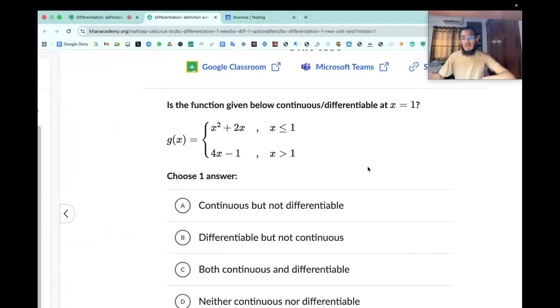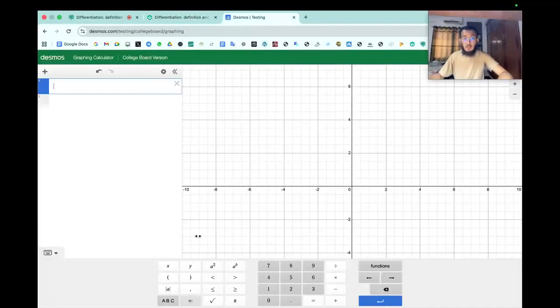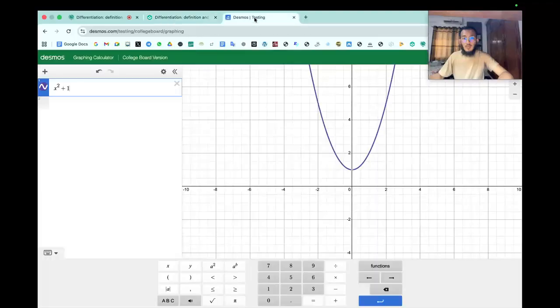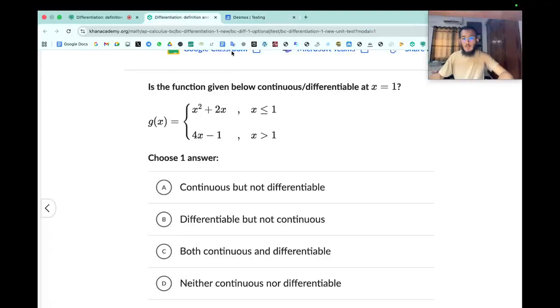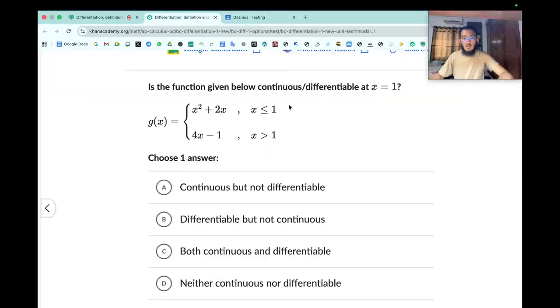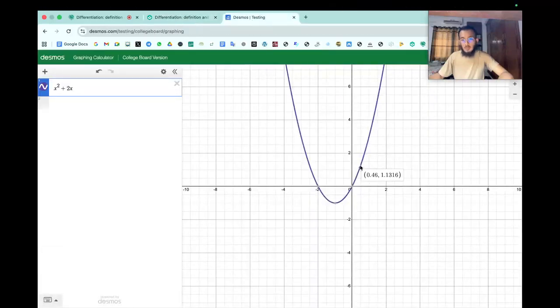Is the function below continuous, differentiable? Okay, let's first find whether it is continuous at this value or not. So we have x squared plus 1, and we have to plug in x squared plus 2x. When x equals 1, we do get a value here, something like 3.